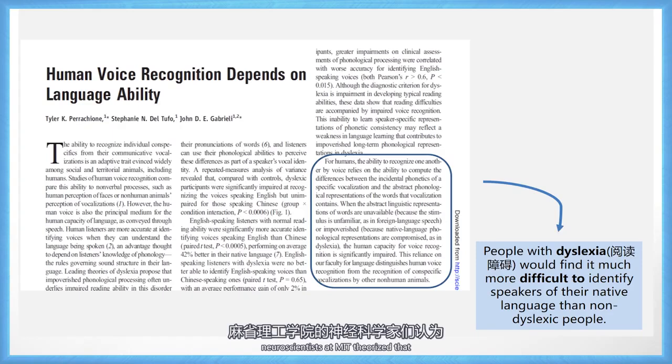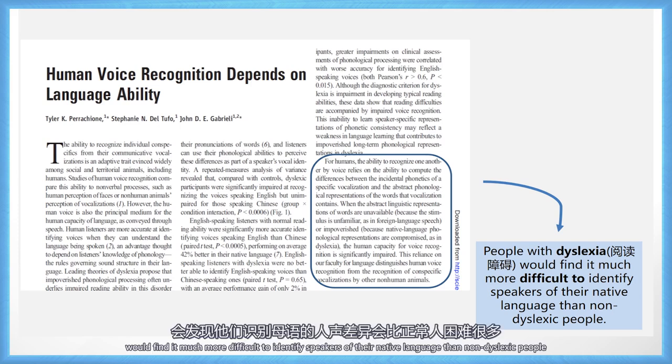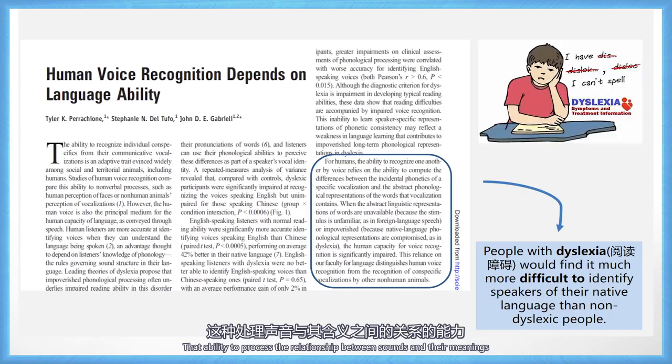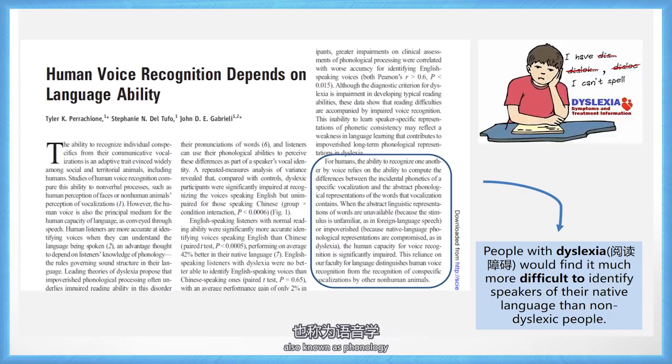Therefore, neuroscientists at MIT theorize that people with dyslexia would find it much more difficult to identify speakers of their native language than non-dyslexic people. That ability to process the relationship between sounds and their meanings, also known as phonology, is believed to be impaired in people with dyslexia.